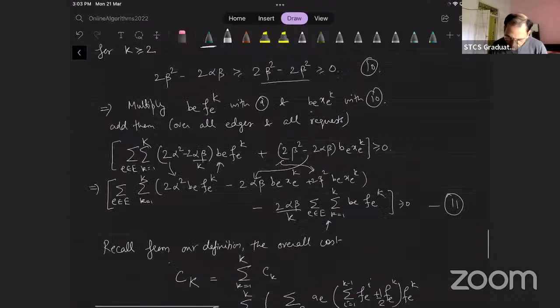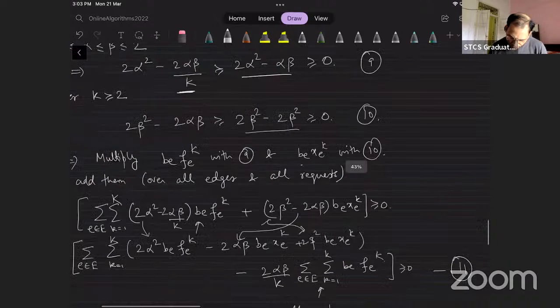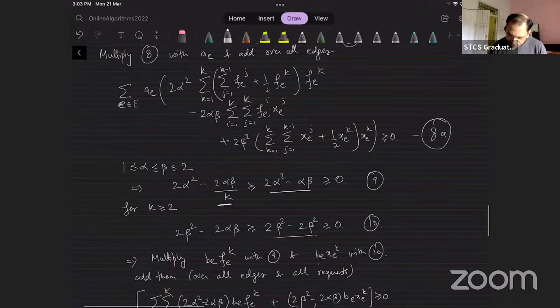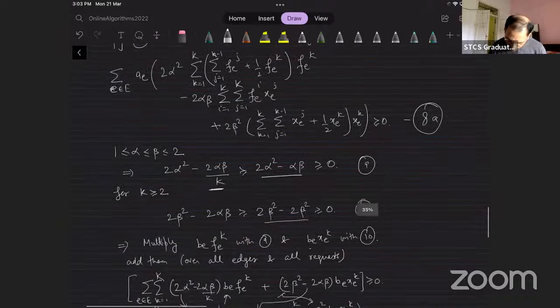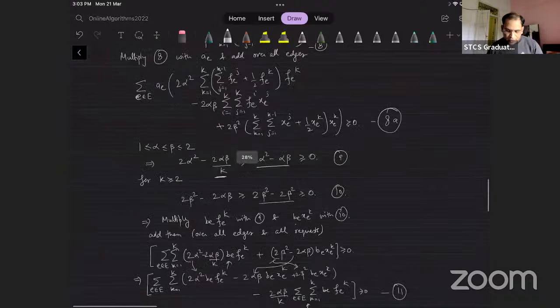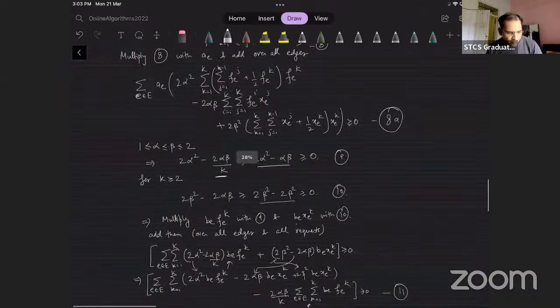So in 11, and did I not write this? Okay, let's call this 8A. So in 8A and 11, are they even visible? Try to find where C_K, C capital K, is sitting. Is it sitting somewhere?